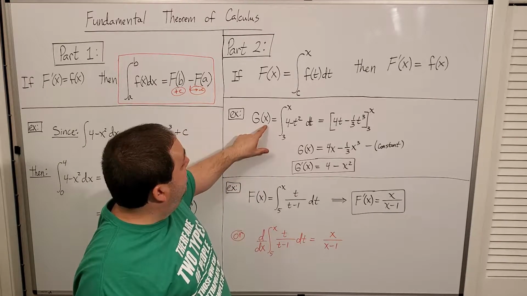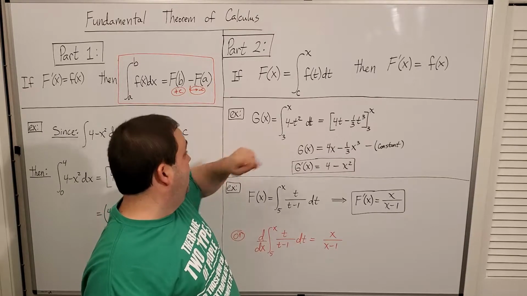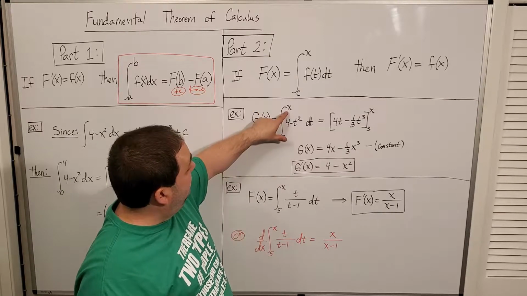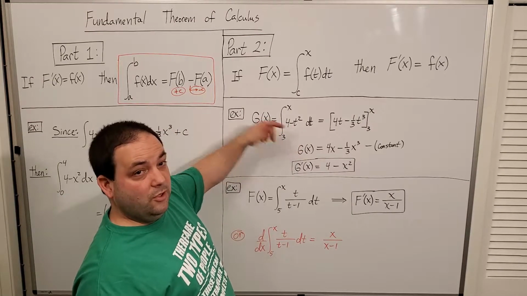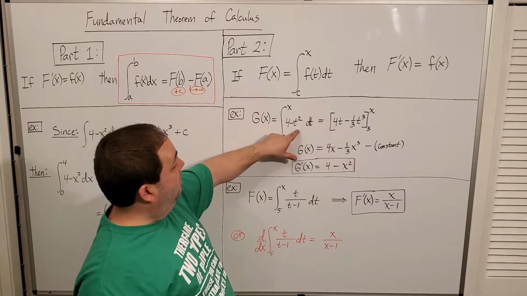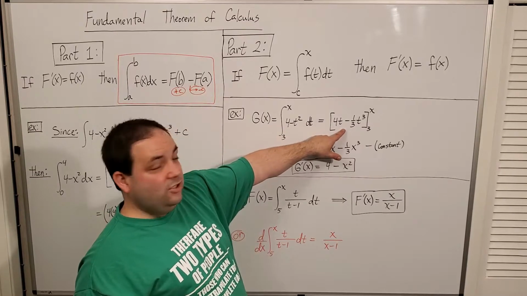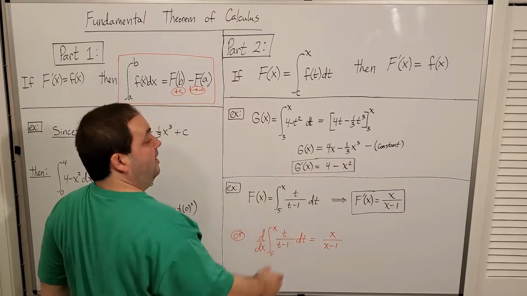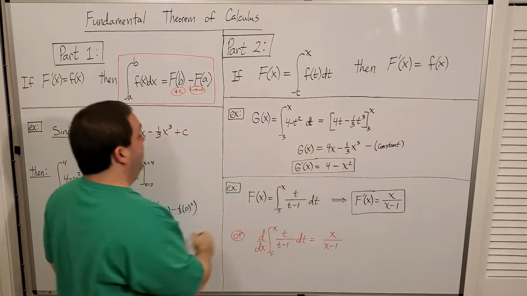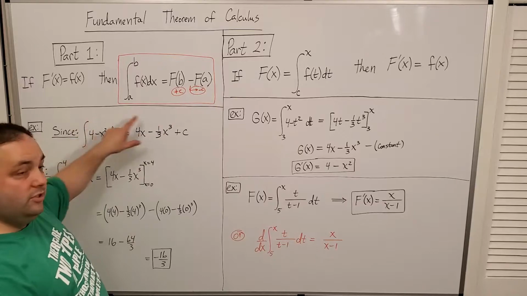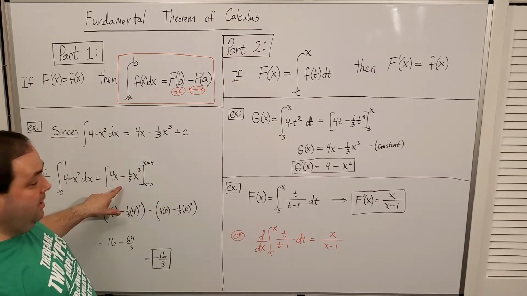So let's get a couple of applications there. Let's say capital G of x is equal to the integral from 3 to x of 4 minus t squared dt. Look familiar? It's the same one as over here, right? So I take the antiderivative and I get 4t minus 1/3 t cubed. It's the same antiderivative here. I'm even doing the same integral setup.